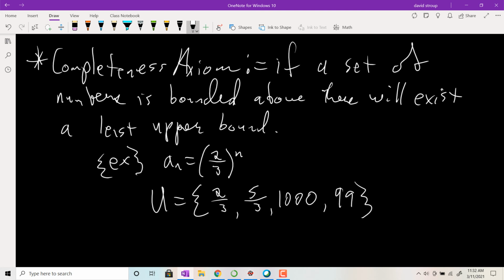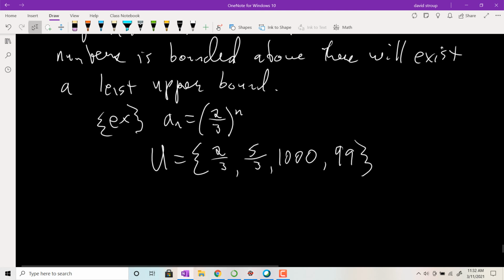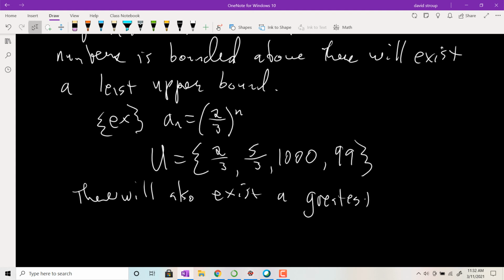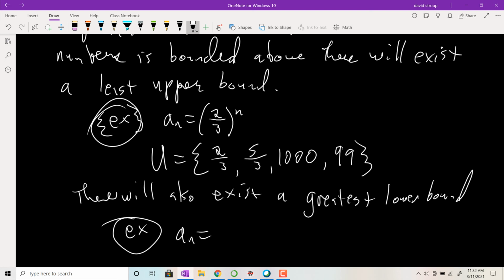And you study that in advanced calculus and real analysis. Okay? You study these least upper bounds. There's also the greatest lower bound, which is kind of like the same spiel. There will also exist a greatest lower bound, which is like the max of all the mins. Okay, so for example, again, a sub n equals 2/3 to the n.